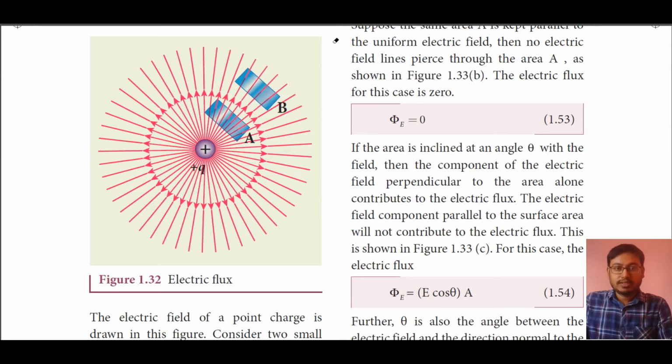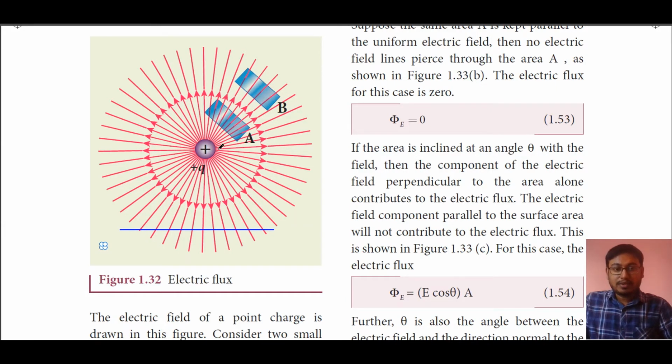As you can see on the screen, a positive charge plus Q is taken, and from that charge a lot of electric field lines are coming outward. Always keep in mind the difference between electric field and electric field lines. So here in figure 1.32, these are the electric field lines. We have taken two regions, region A and region B, each of unit area, kept in such a way that it lies perpendicular to the electric field lines.